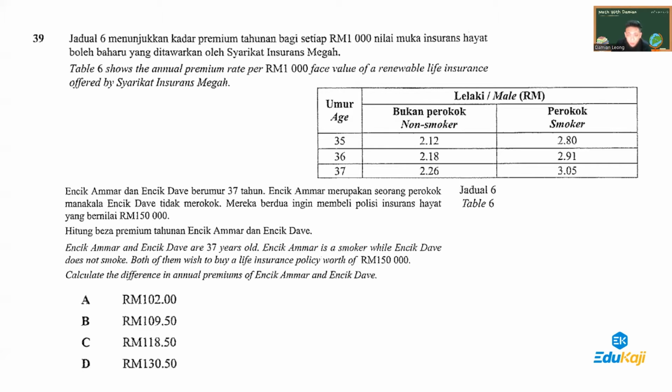Okay. So premium rate is per 1,000 face value, then times by the value here. So if smoker 37 years old means 3.05 times 150,000, I have to divide by 1,000 because per 1,000.